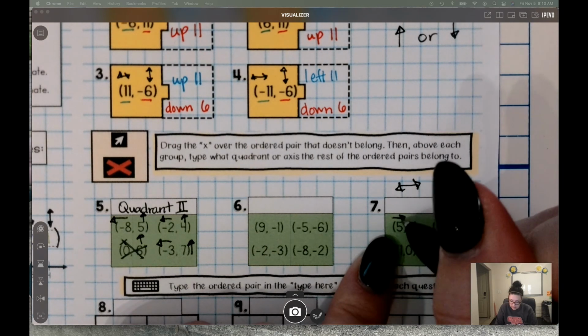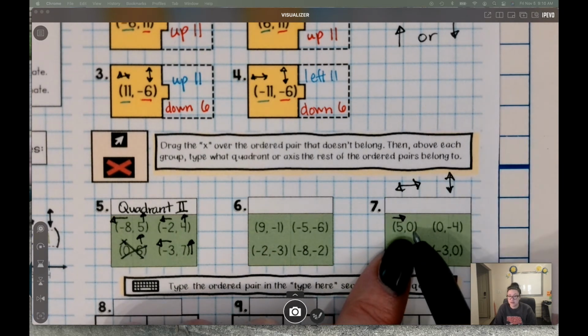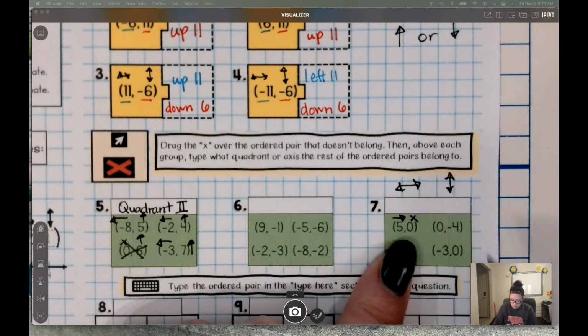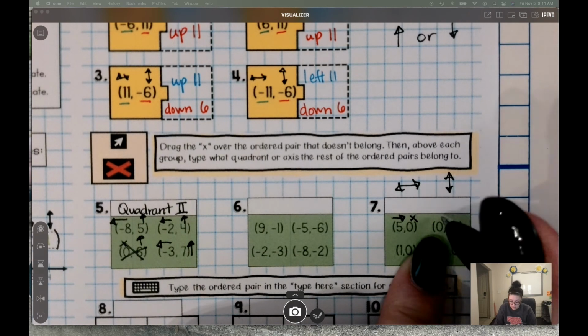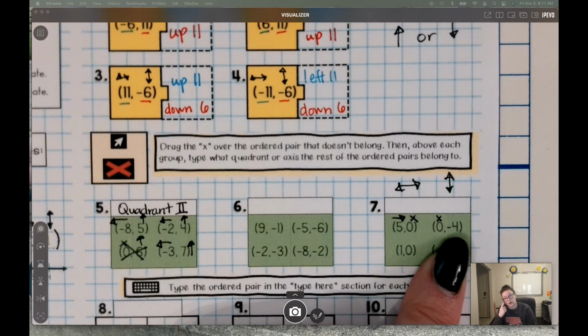Right, because it's positive. And then how many spaces would I go up or down? I don't go up or down. Here I have a 0 first. So that means I don't go left or right. And it has -4.